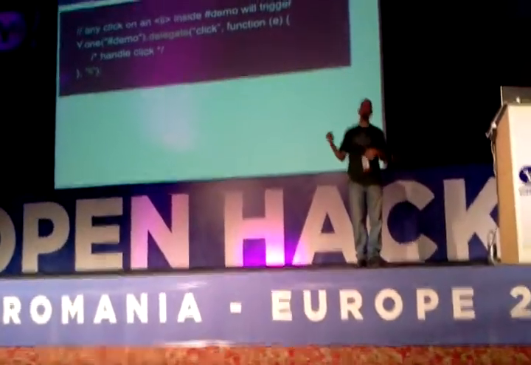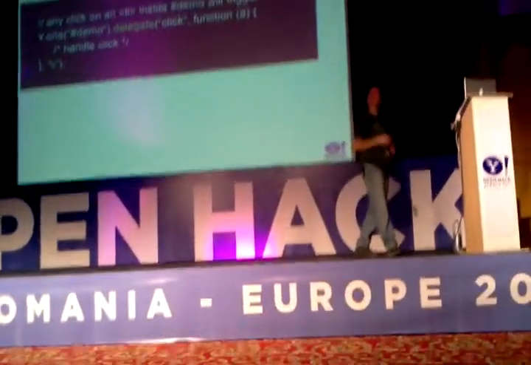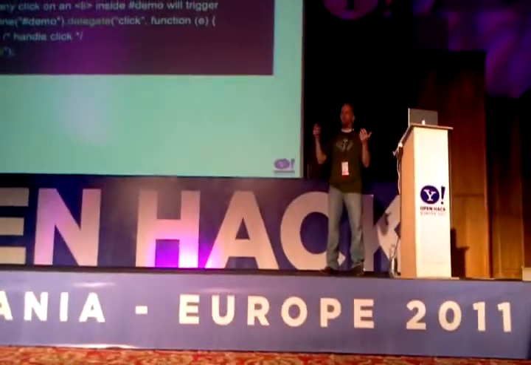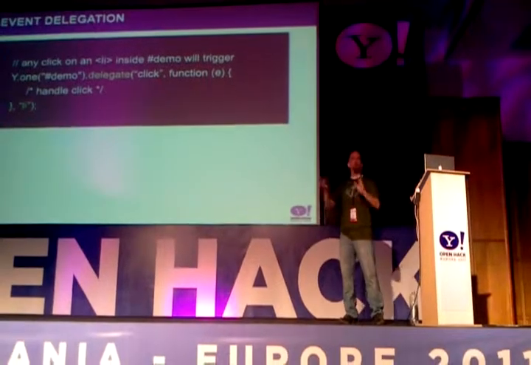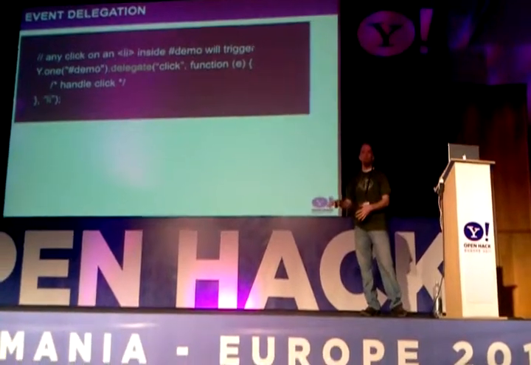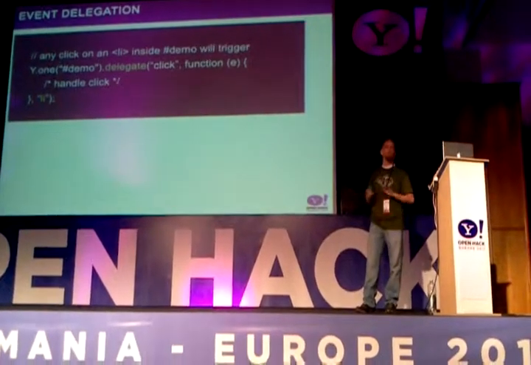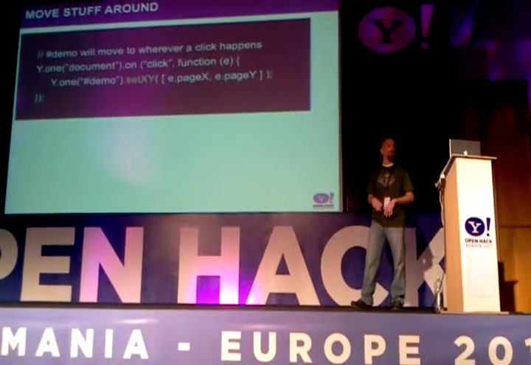So any li that gets clicked inside demo will fire this callback. It's really handy if you're modifying the content inside of demo. You don't want to have to worry about event subscriptions again later. Use delegate, really handy, it's best practice anyway.